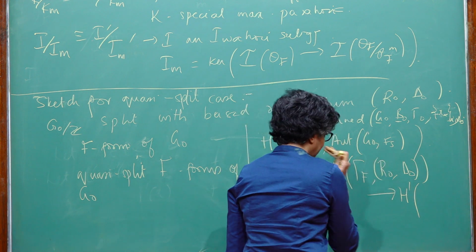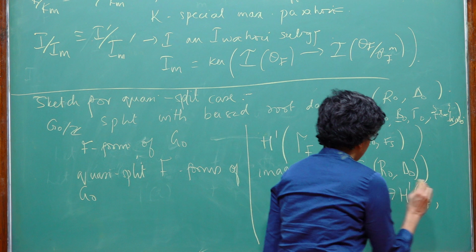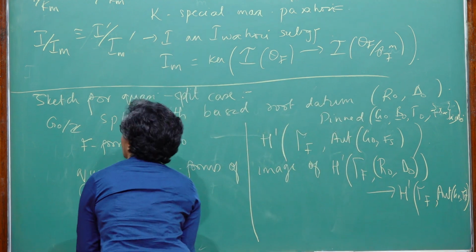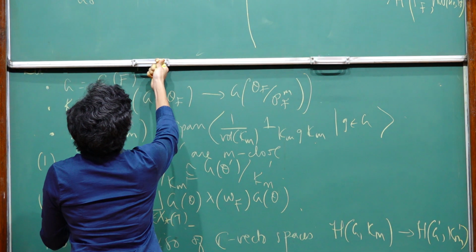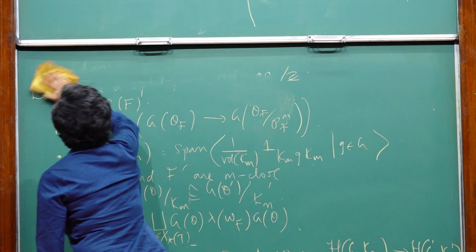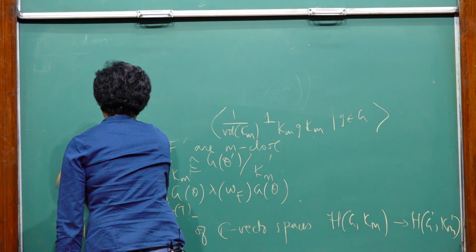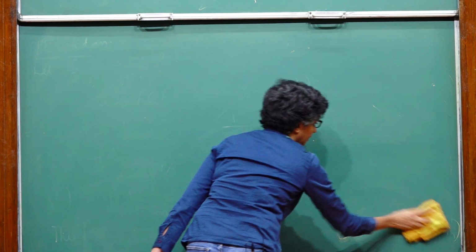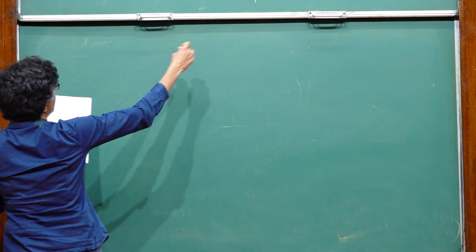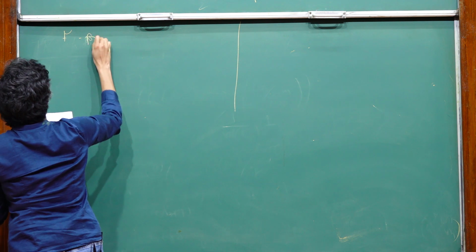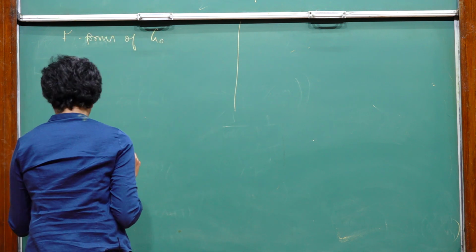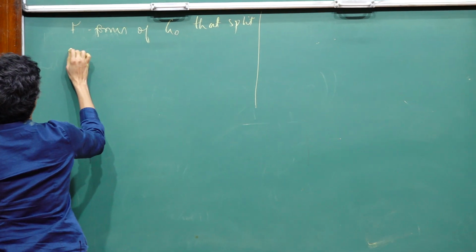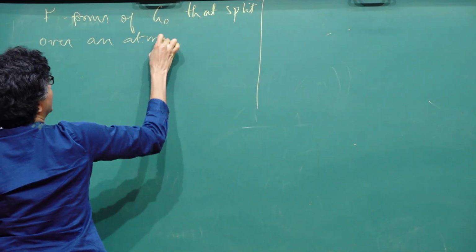I'm not going into all the details, but H1 of Gamma F and Aut of G0 over F separable closure. So if you want to look at F forms of G0 that split over an at most M ramified extension of F.